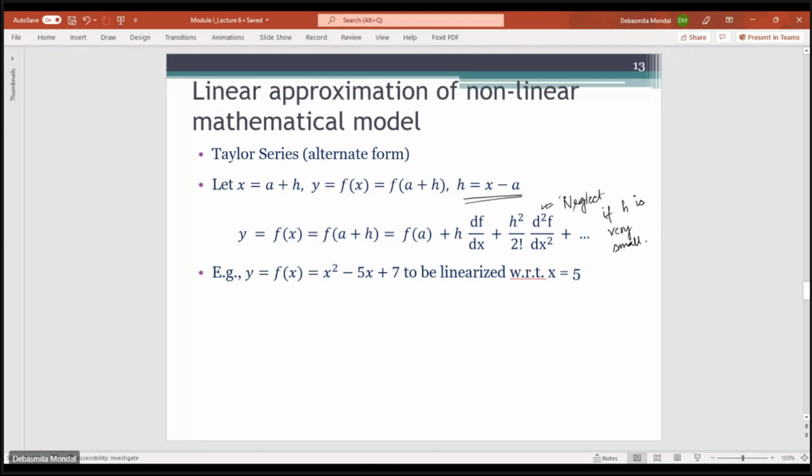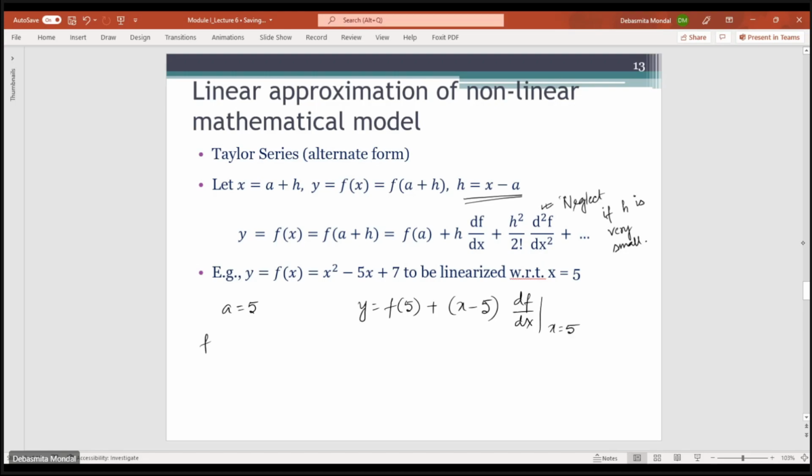So the value of a here is given as 5. If a is 5, then y will be equal to f(5) plus (x minus 5) times df/dx at 5.